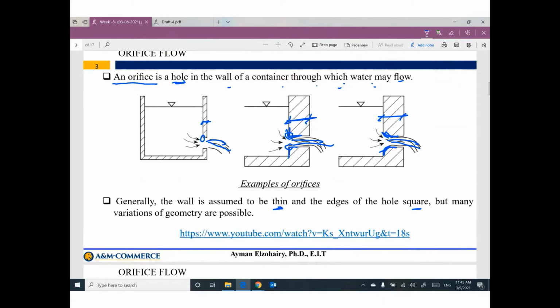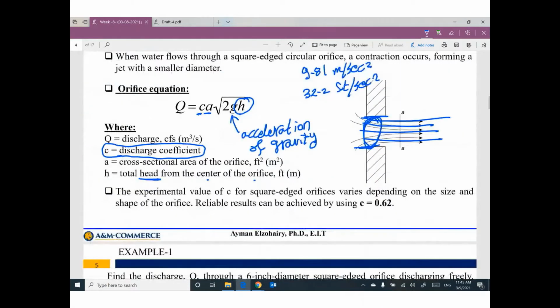So based on the shape of the orifice, we can figure out the value of C. Most of the time it's given. The experimental value of C for a square edge orifice varies depending on the size and shape of the orifice. The common value for this coefficient is 0.62. So sometimes the problem does not give the coefficient of discharge, and you can assume 0.62.